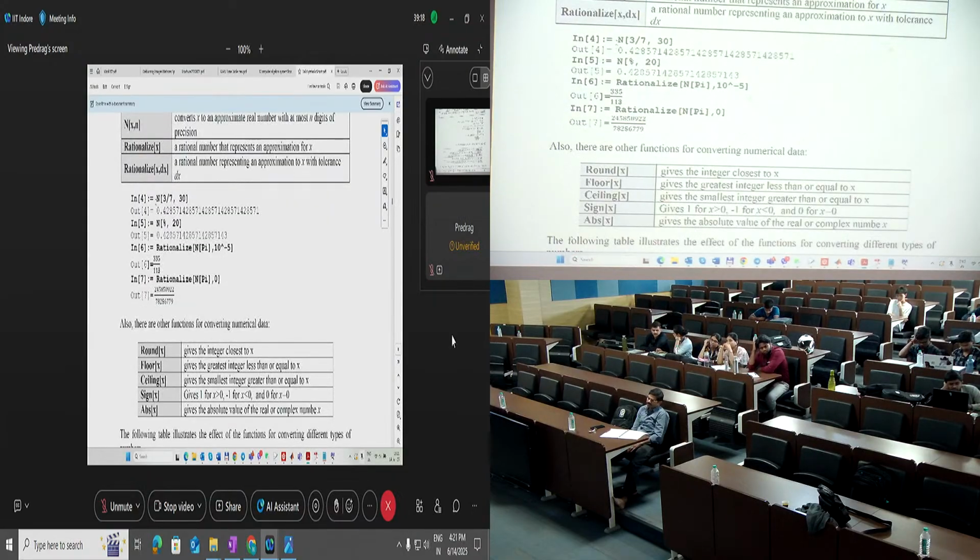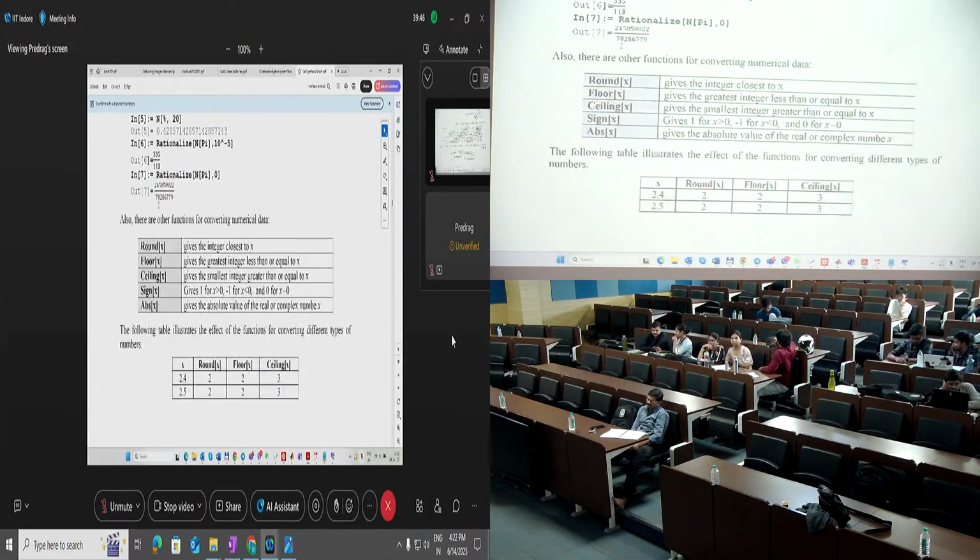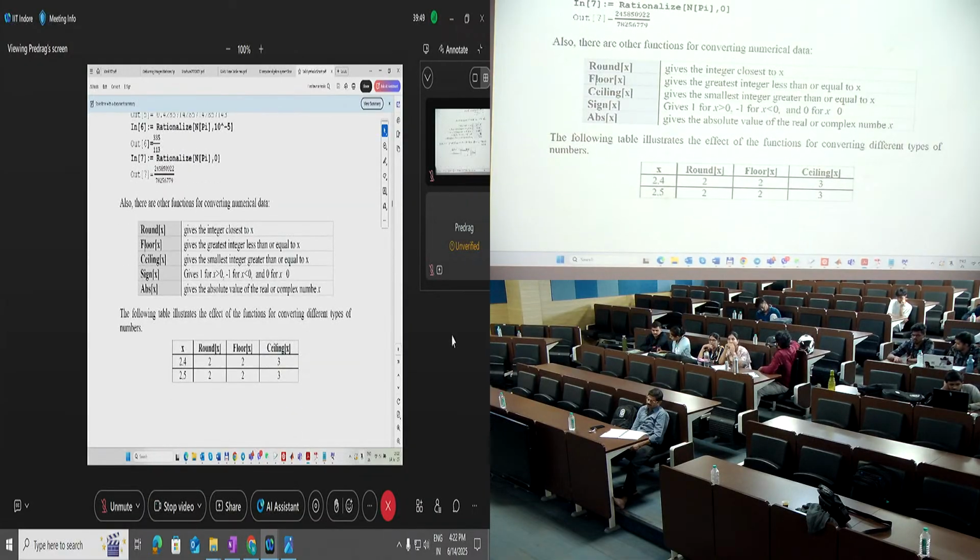We can convert rational numbers to real numbers with arbitrary precision. Here is the number of decimal digits in the transformed real number. Of course, a rational number is exact, and in this transformation we can choose arbitrary precision. Round, Floor, Ceiling, standard functions for integers, Sign, Abs, absolute value.